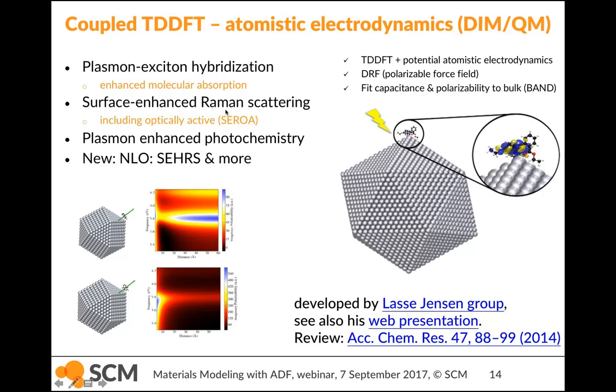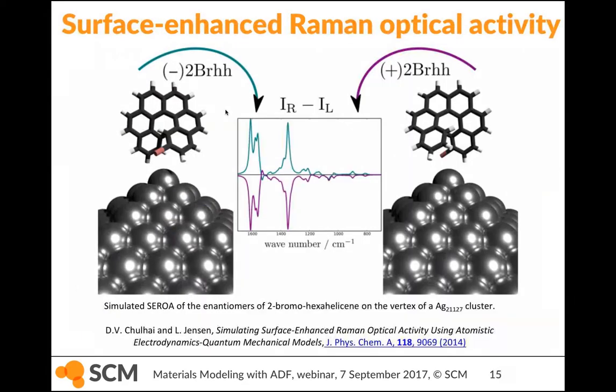So obviously, surface-enhanced Raman is following the same principles, and it has recently been extended to optical active surface-enhanced Raman, so OA, and surface-enhanced hyper Raman. So there's still new methods being developed there, giving access to much more sensitive properties in this surface-enhanced Raman and hyper Raman field.